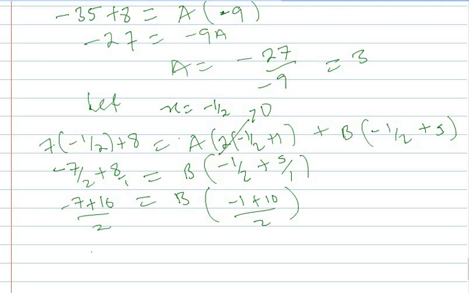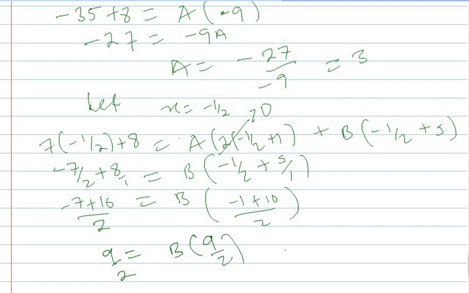Then we can now see minus 7 plus 16, that's positive 9, over 2. Here we have B is equal to minus 1 plus 10, which is 9, also over 2.